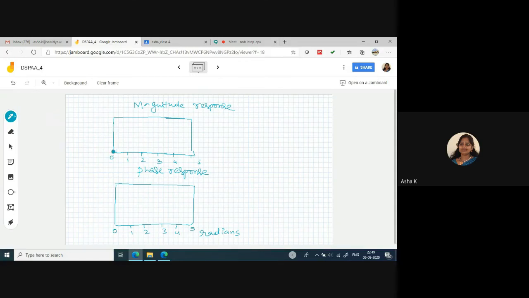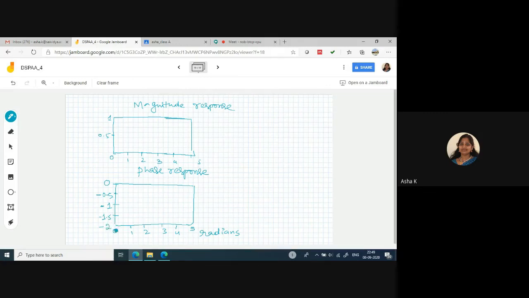The y-axis for the magnitude goes from 0 to 1, and in between I may have 0.5 also. For the phase response it starts with 0, and then we have minus 0.5, minus 1, minus 1.5, minus 2.